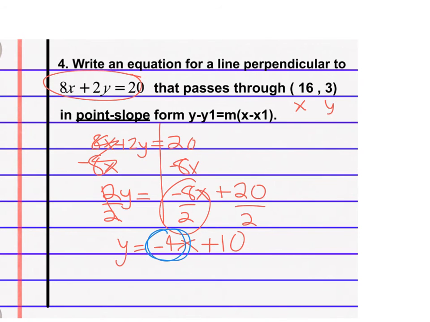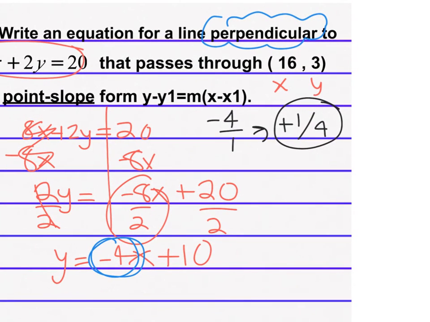So again, we are not using negative 4. We want the slope that is perpendicular. So what slope should you be using? The correct answer is positive 1/4. I added a 1 under my slope, negative 4 over 1, and I found the negative reciprocal. Now I am using point slope form. Y minus y1 equals m times x minus x1. So 1/4 is my m, positive 1/4.